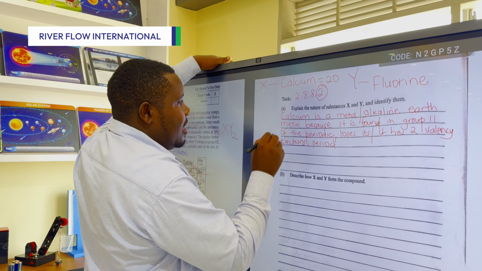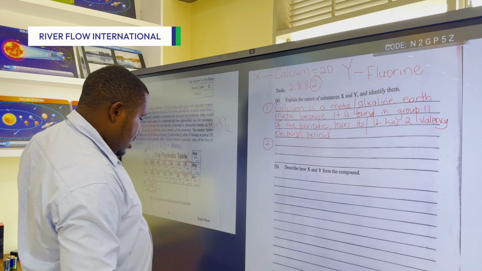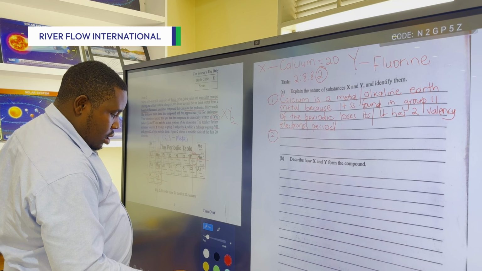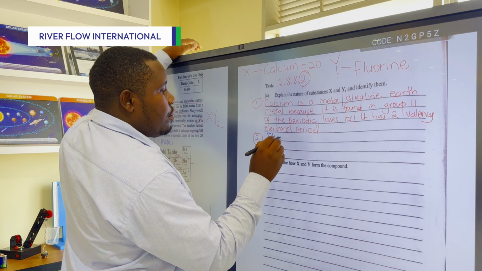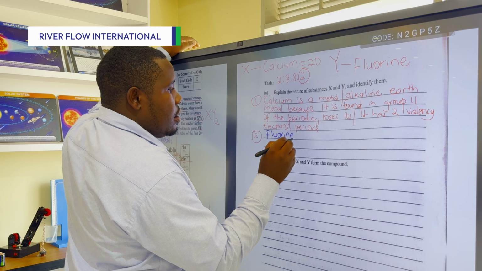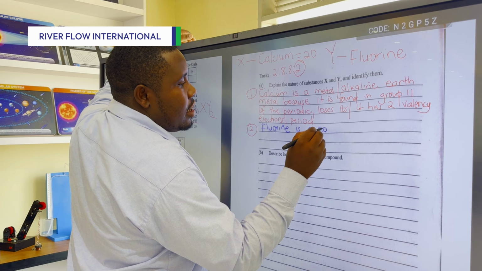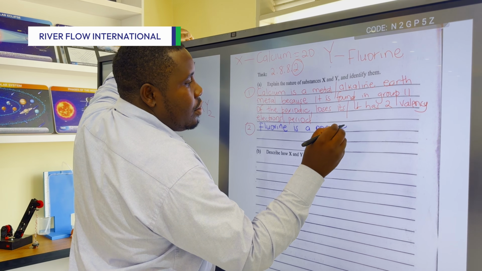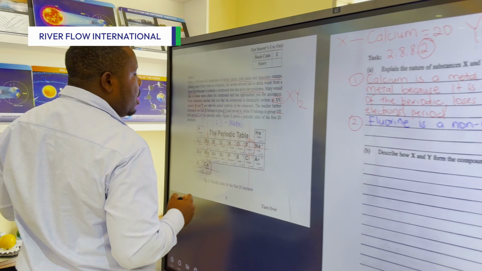Let's go to fluorine. That was 1. Let's go to fluorine. Now, fluorine is a non-metal. Why are we saying it's a non-metal? Let's come back here.